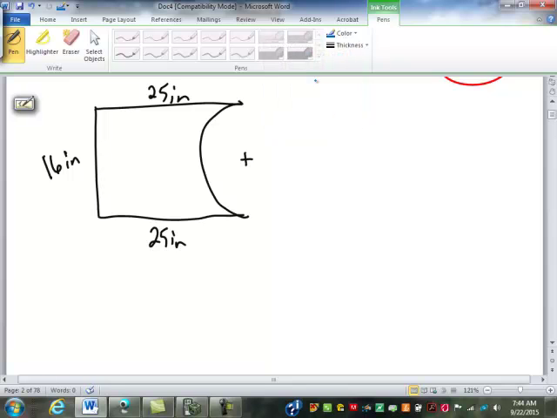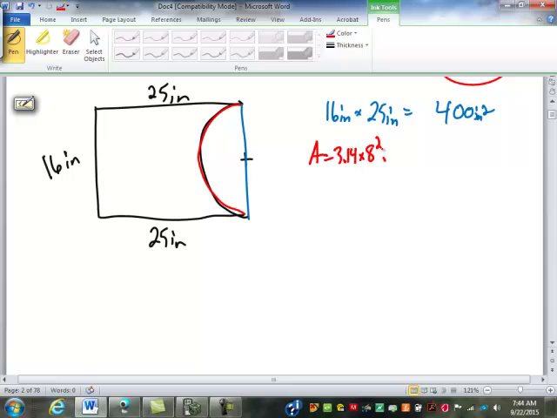Here, there is no way I could cut this into smaller pieces and add them up. So what I would have to do is this here. I have to make it a big rectangle. The area of that big rectangle is 16 by 25, otherwise known as 400 square inches. And then this half circle here. How do I find its area? So 3.14 pi times 8 squared divided by 2, because it's only half the circle.